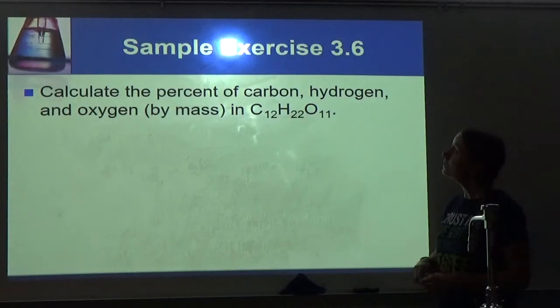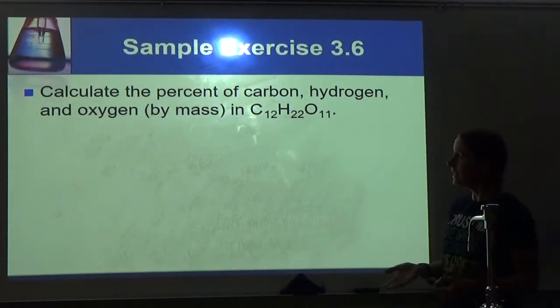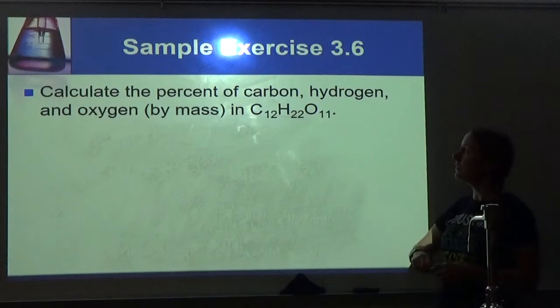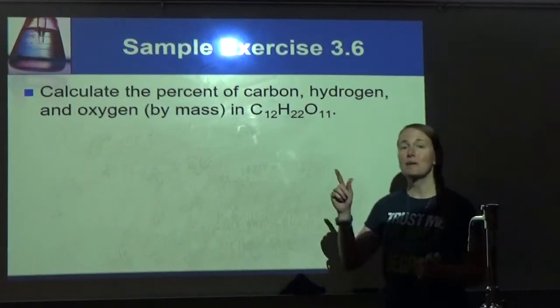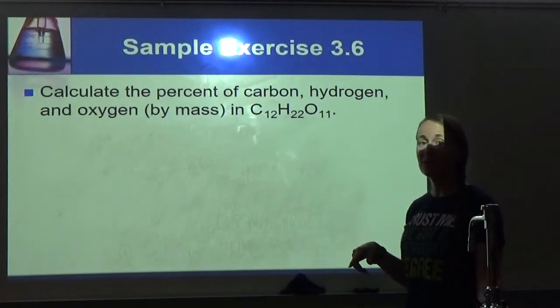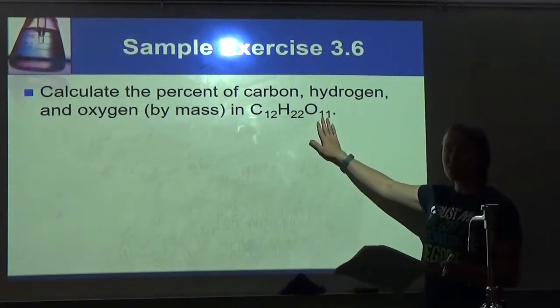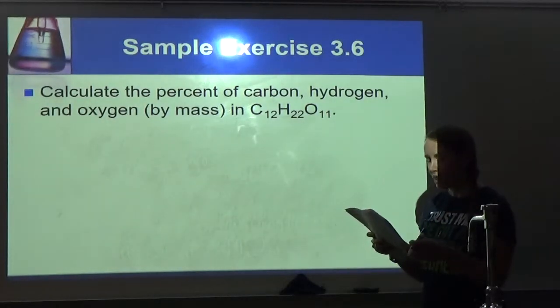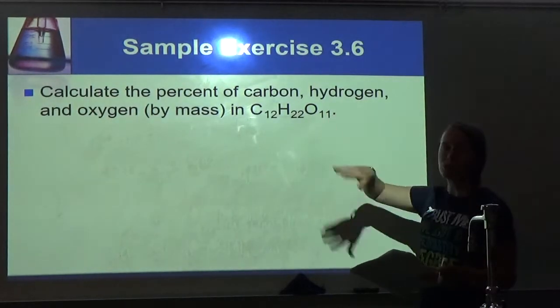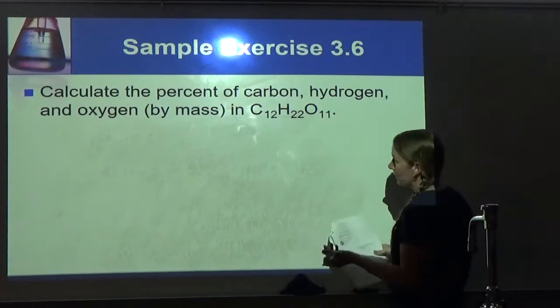So it says calculate the percent of carbon, hydrogen, and oxygen by mass in C12H22O11. Okay, so we know percent composition is mass of element over mass of compound times 100. So let's get the mass of our whole compound first. All right, and again, I'm going to stick with grams per mole for this one just because I know you already know what grams per mole is.